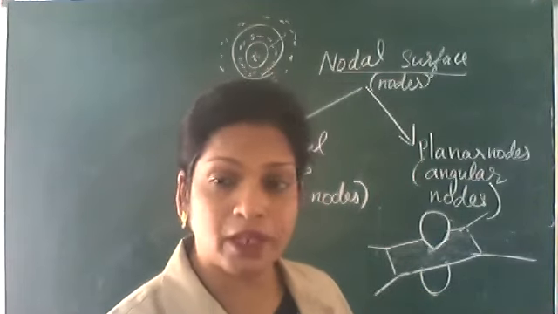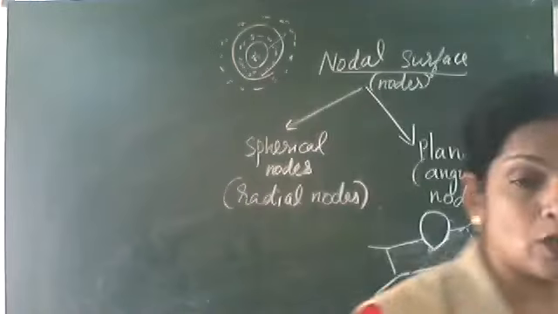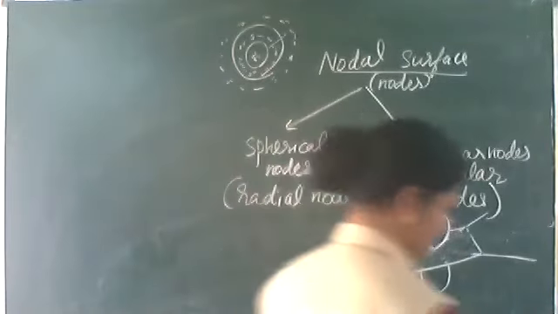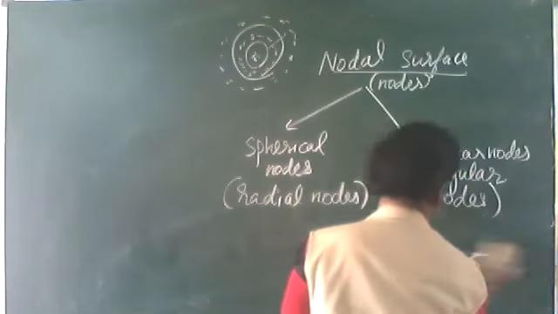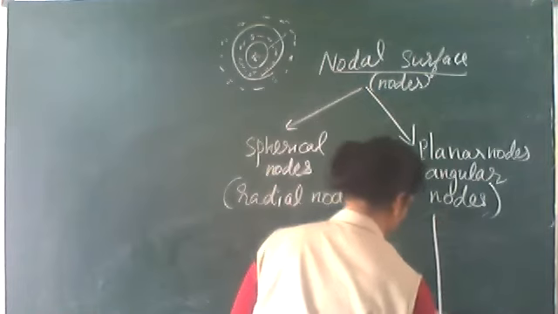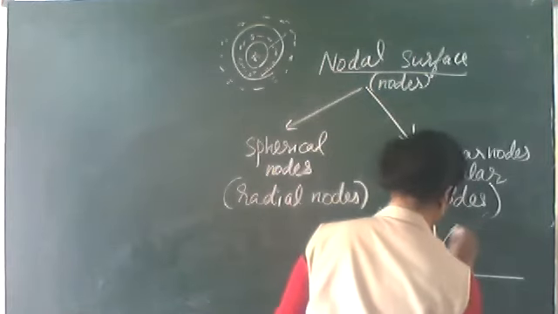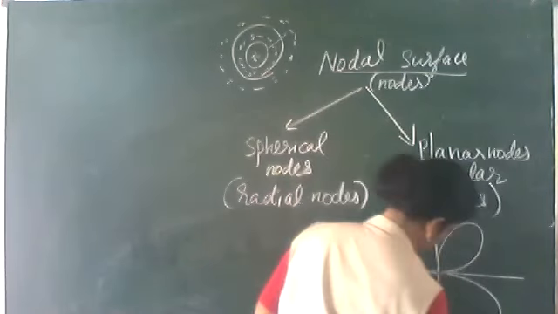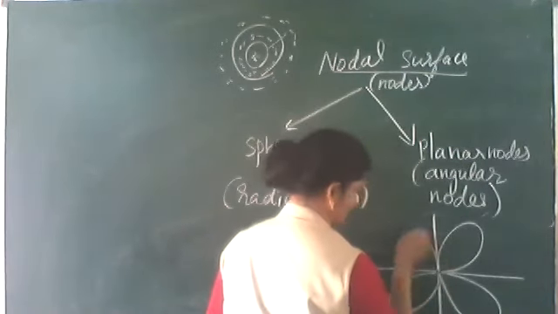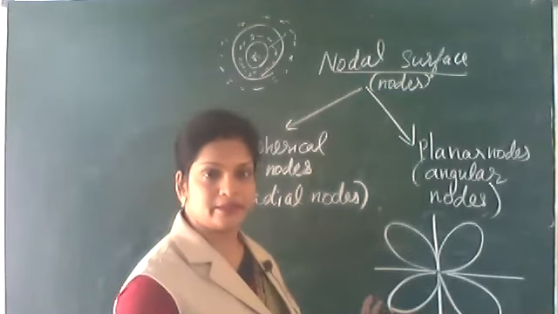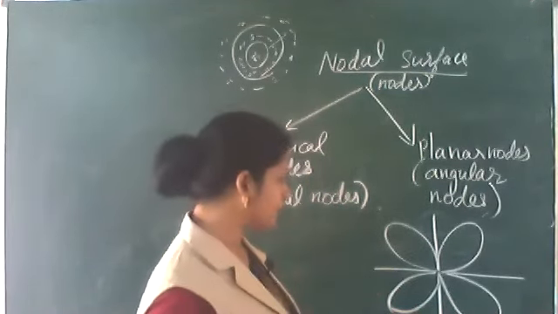In the case of a d orbital, there will be two planar nodes. For easiness, we draw this using solid lines, but actually it is diffused.